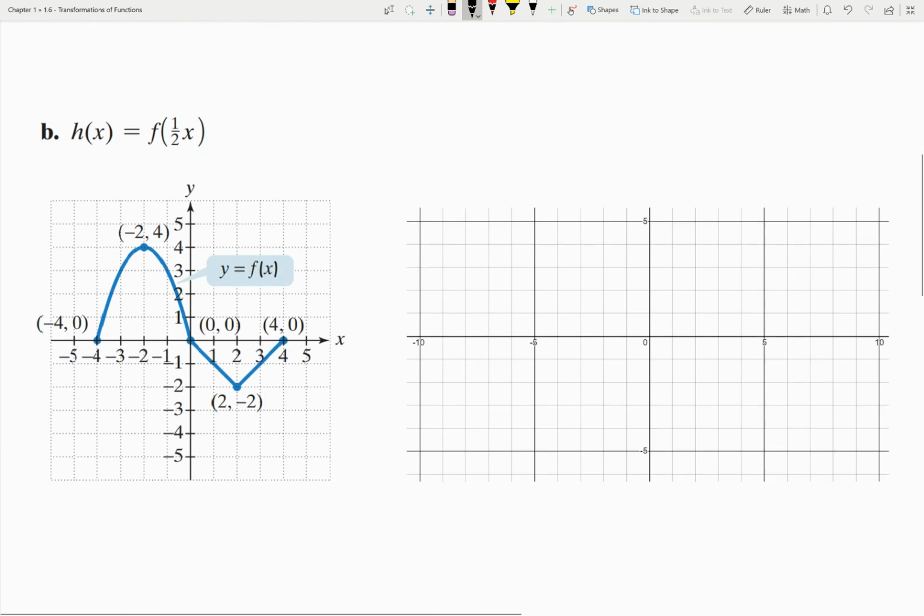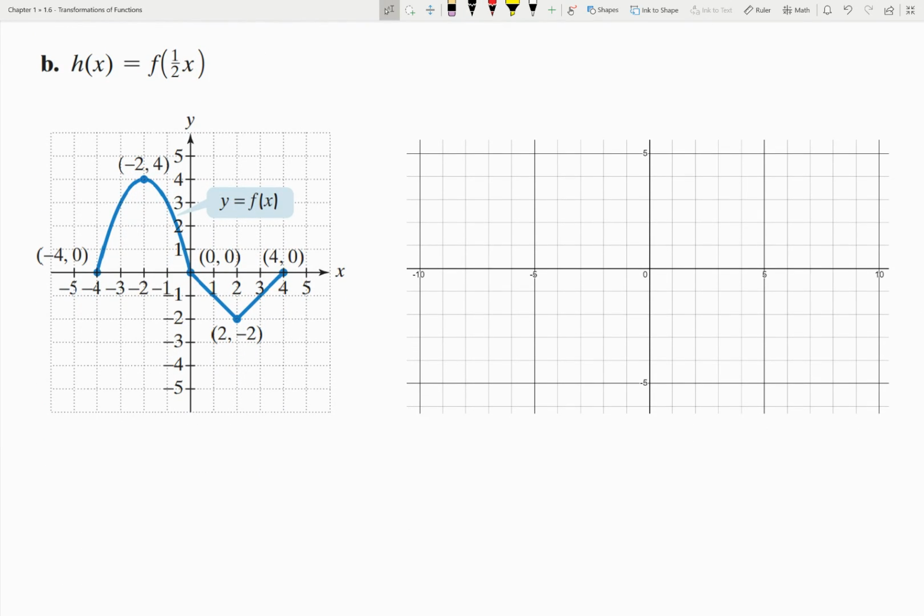Let's try that one again, except this time with a half. So when you divide by a half, right? When we divide the x coordinate by 1/2, we have the effect of multiplying it by 2. So that means instead of negative 4, 0, we have negative 8, 0. Then negative 4, 4. 0, 0 stays the same because I still divide 0 by 1/2 and nothing happens. 4, negative 2.